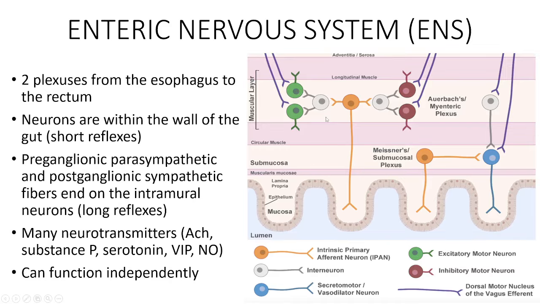Let's look at this graph. Here we see Auerbach's or Meissner's plexus, which is located between two muscular layers, the outermost longitudinal and inner circular muscle layers. So here we have quite an extensive collection of ganglia, which are neuronal bodies. They are also neuronal axons. We can also see here this dark blue, the fibers of the vagus or sacral nerves that are synapsing on the ganglia. These are ganglia and these are parasympathetic fibers.